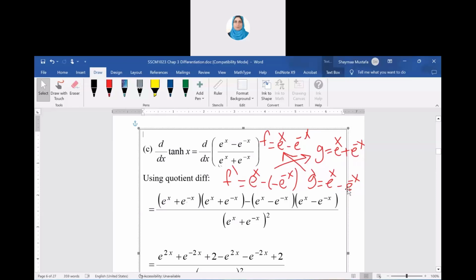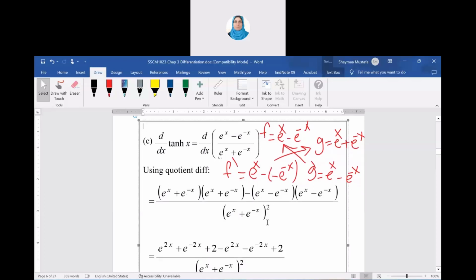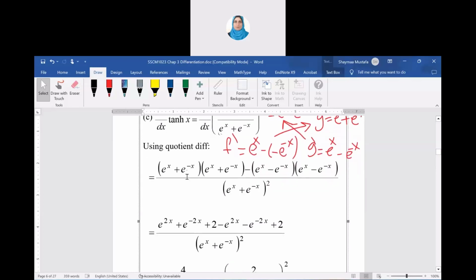The derivative for tanh x is (e^x - e^-x) times (e^x - e^-x) over g squared. Now we just need to multiply. e^x multiplied by e^x is e^2x, plus e^-x multiplied by e^-x is e^-2x, plus now e^x multiplied by e^-x equals 1 because exponential 0 is 1.